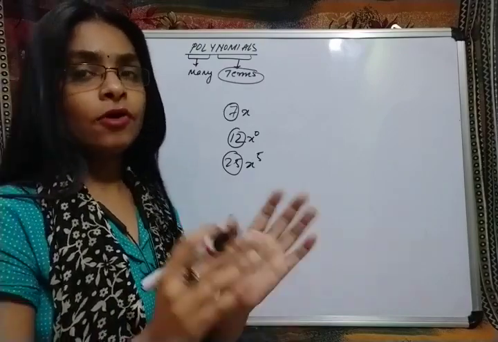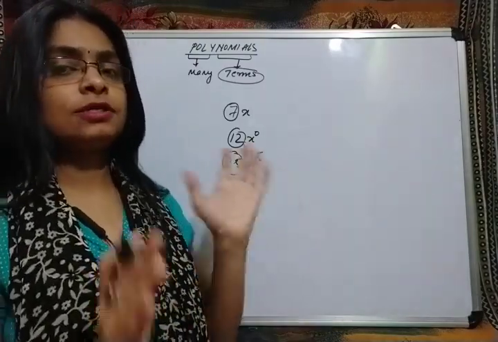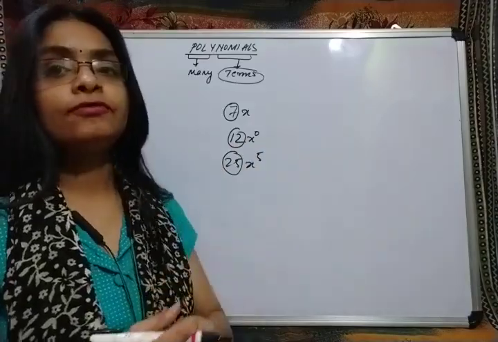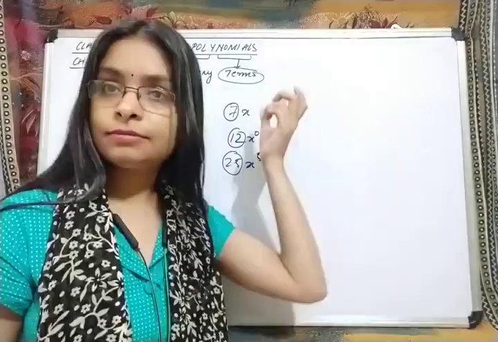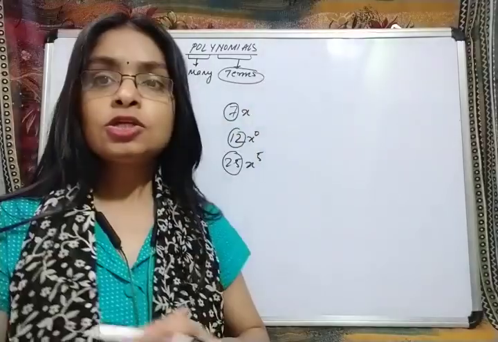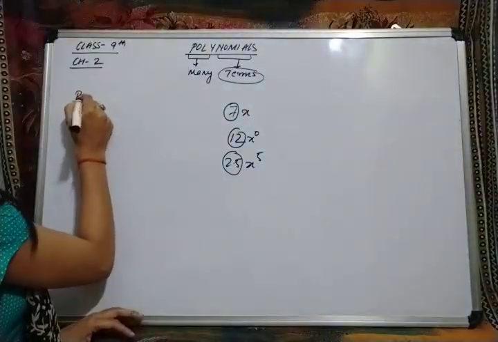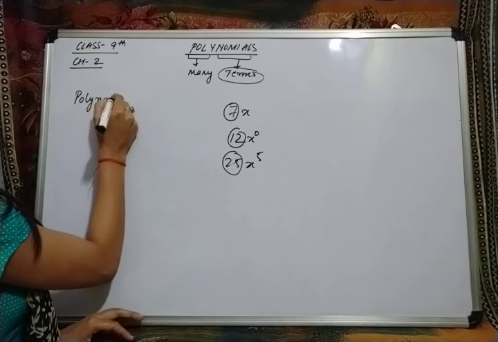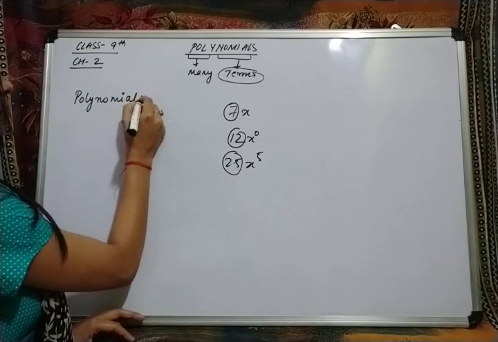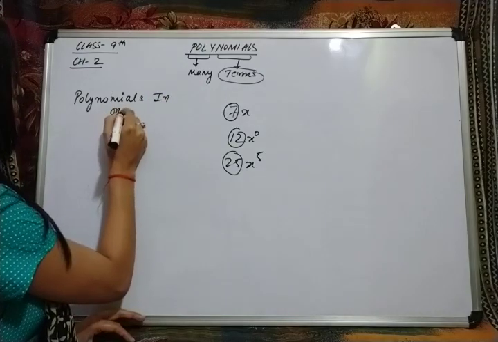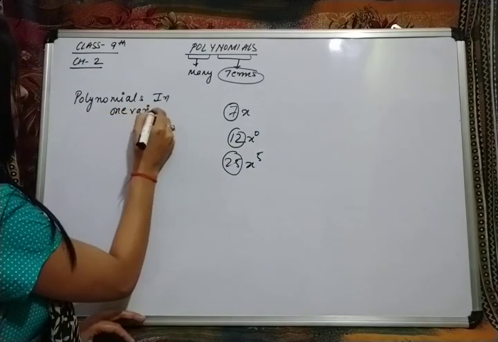So now we have already understood what is a term and what is the coefficient also, and the power of the variables. Now we'll move towards the polynomials. Here we are going to discuss only polynomials in one variable.